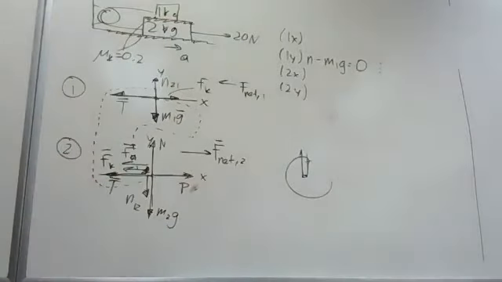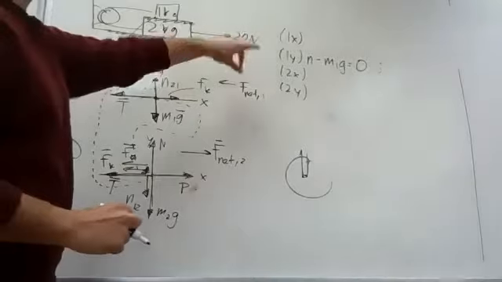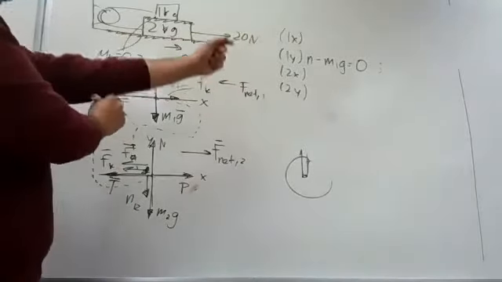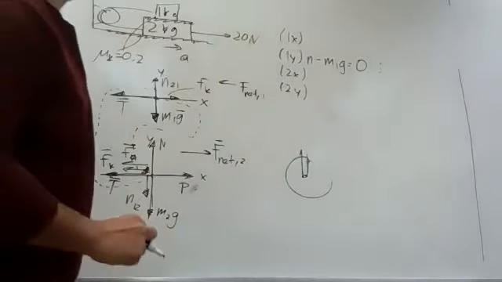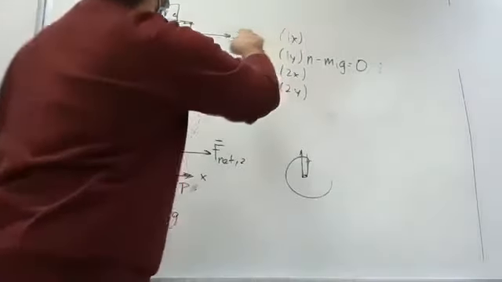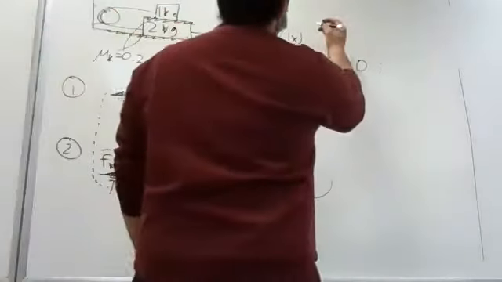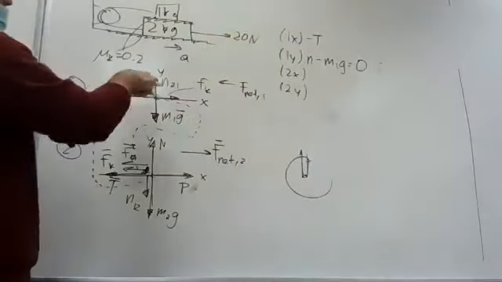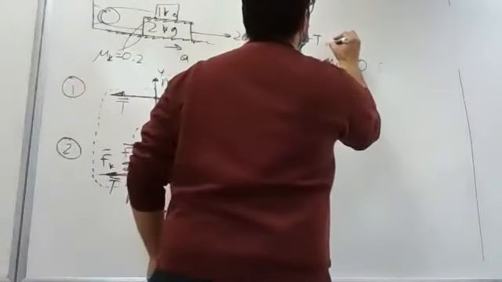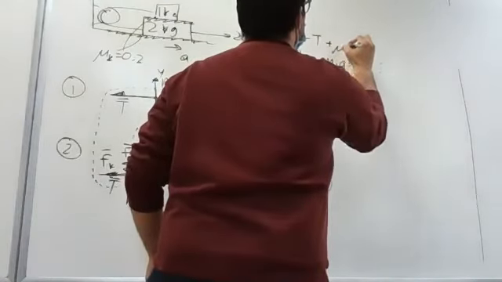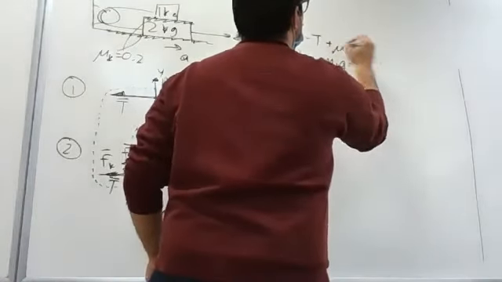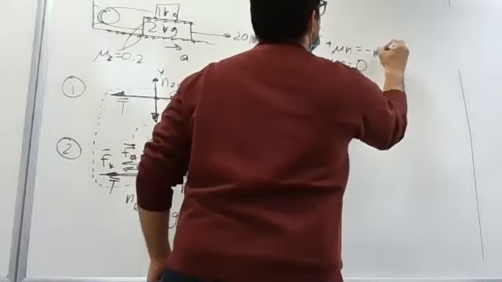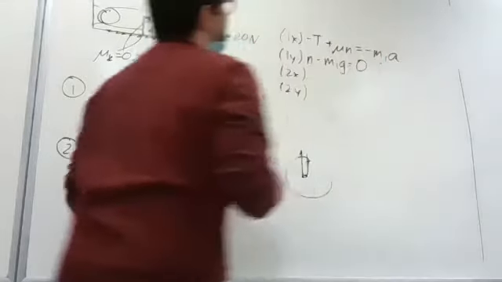And then, because figuring out the friction forces in this example can be a little tricky. So in 1x, we've got, I'd say minus T, because tension's to the left, plus friction, which is mu little n, that's going to equal minus m1 times a.